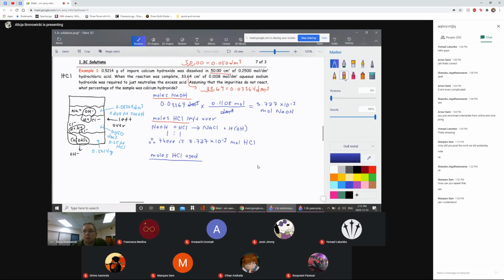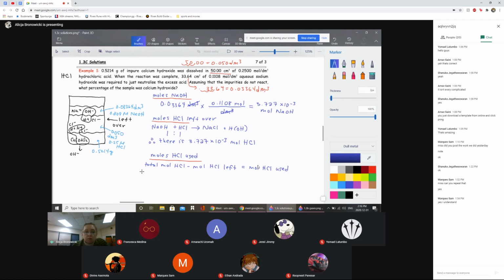I do my total moles HCl minus moles HCl left gives me moles HCl used. My total moles of hydrochloric acid is all of the hydrochloric acid that I poured in.